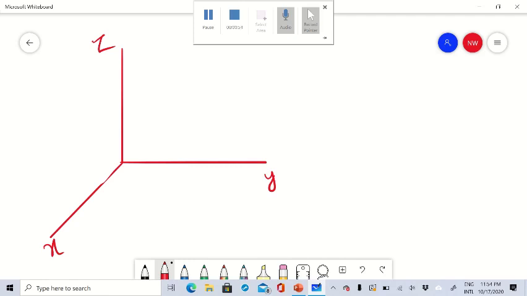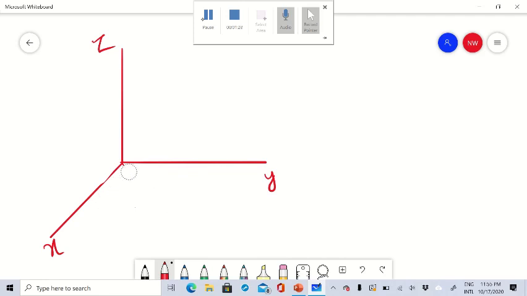If there is some vector in the x-y plane, then it has only two components, one this component and one this component. So the number of rectangular components depends on how the vector is oriented relative to the axes.